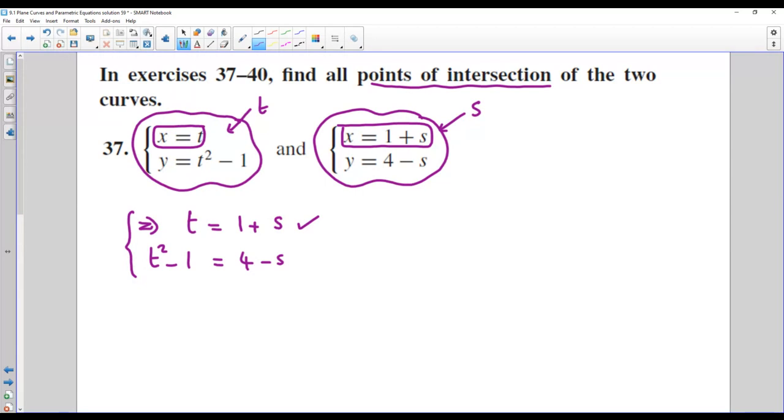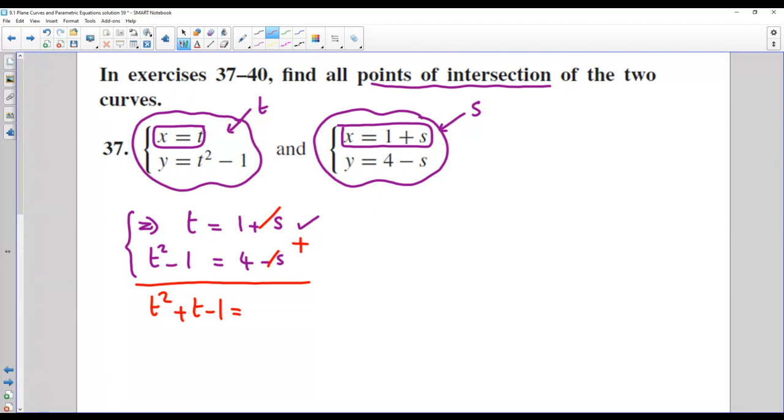So I really need to solve these two equations together. There are many ways of doing that. One way is perhaps just to add these two equations, because when we add them, of course, the s plus s and minus s will cancel. So we're going to get t squared plus t minus 1 on one side.